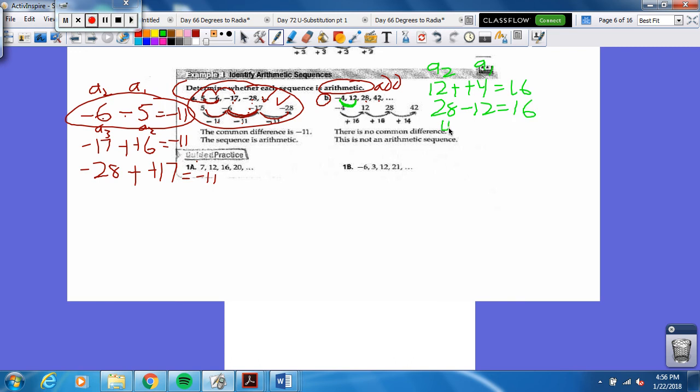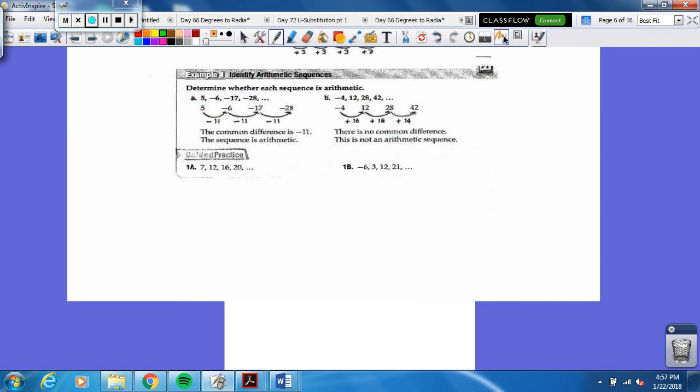Then we have 42 minus 28, which is up 14. So you go 16. Then you go another 16, but then you go 14. So it's not consistent, so this is not arithmetic. There is no common difference, and it is not arithmetic like that. Okay? So, you saw one that is and one that's not, so try these two down there. Ready, set, pause the video, go.